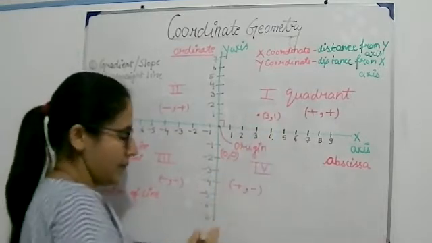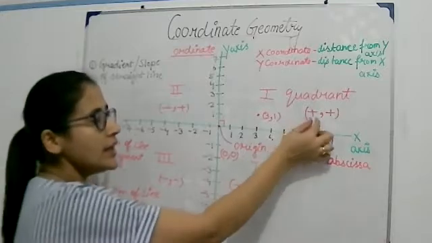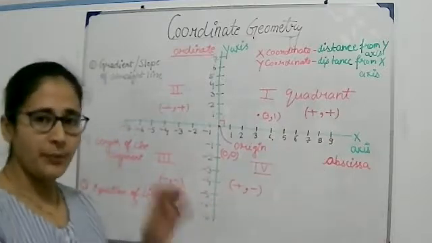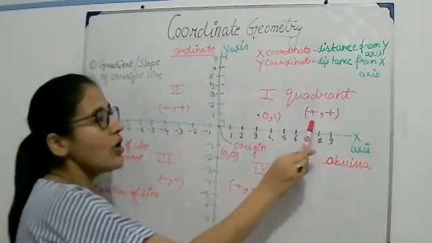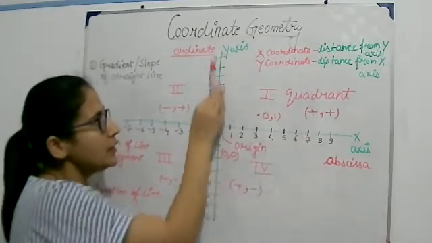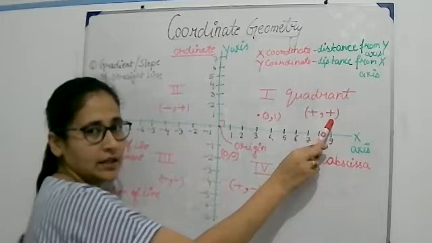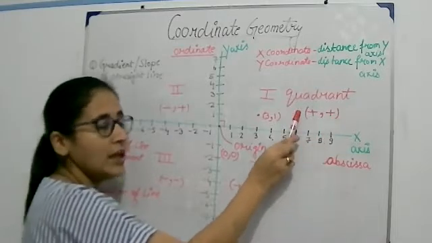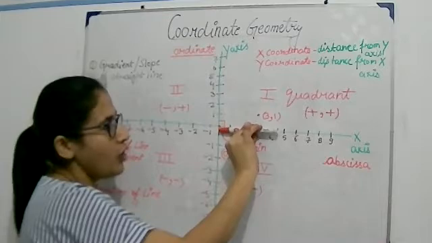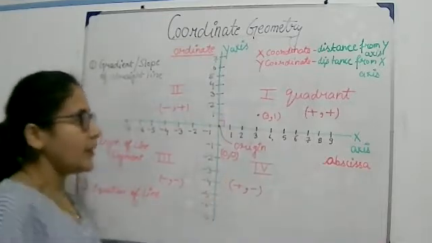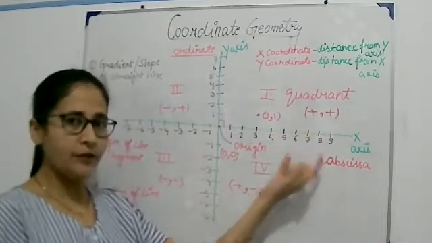X coordinate is the distance of the point from y-axis, or from the ordinate, and y coordinate of any point is the distance of the point from x-axis. We call it abscissa also, distance of the point from abscissa.